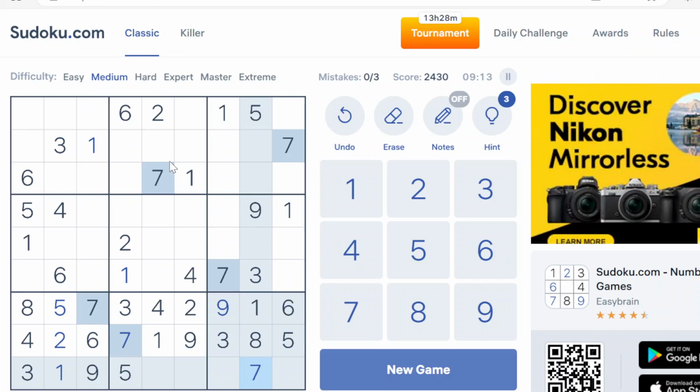And from looking at here, these two rows already have 7. So 7 has to be in one of these three, but 7's already in this column. So we know that 7 has to be in either one of these two boxes.